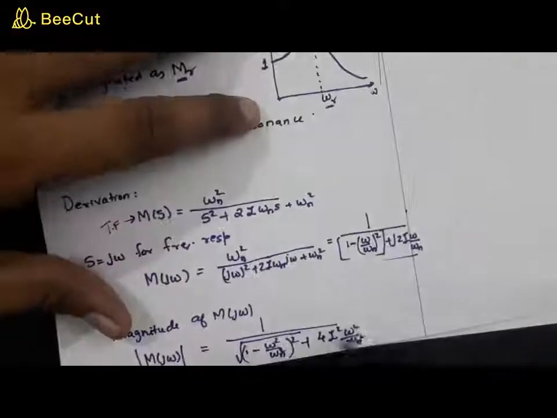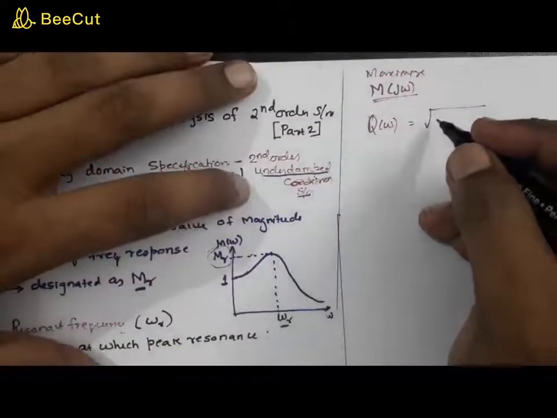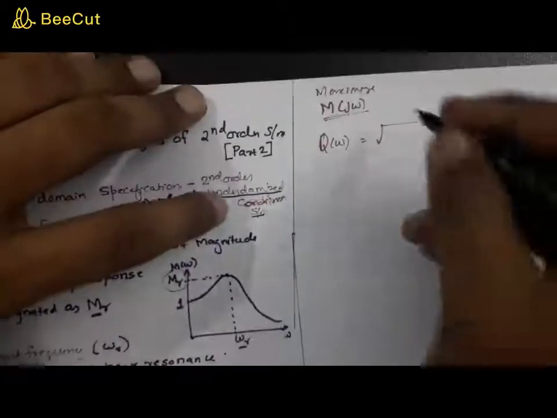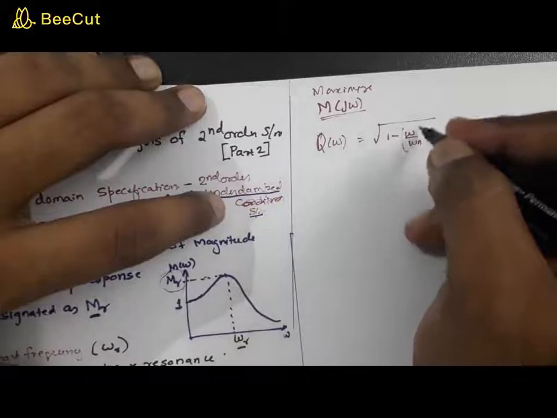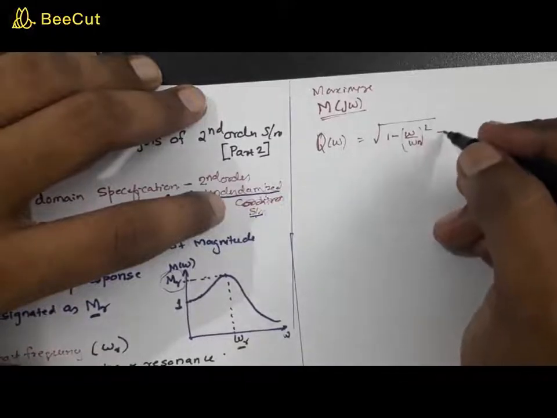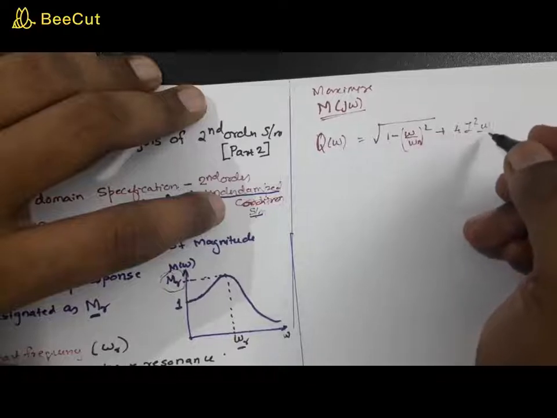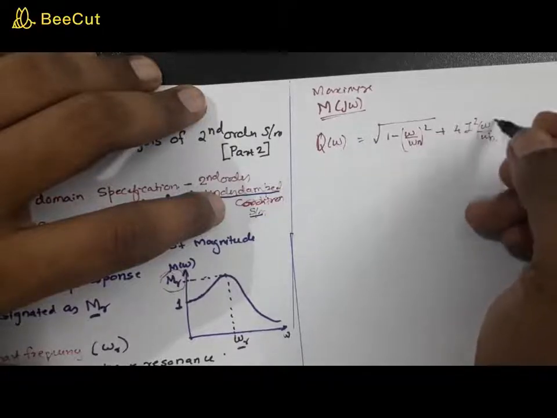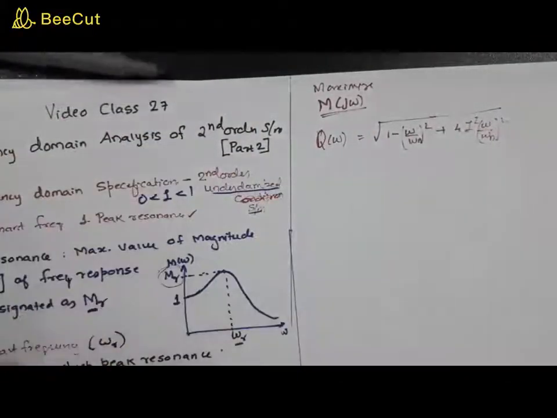I am just considering this denominator as a function of omega. So this is it. Now how to proceed?